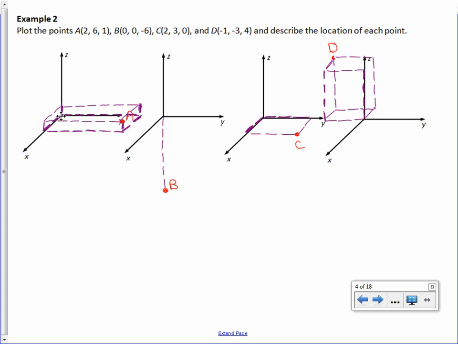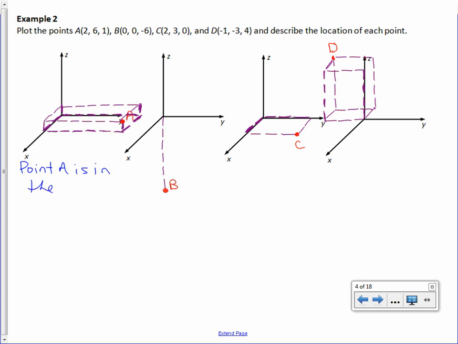So that's me plotting those 4 points. Now let's go back and describe the location. In the first and the last, the best way to describe the location is to literally use the octant description. So point A is in what octant?